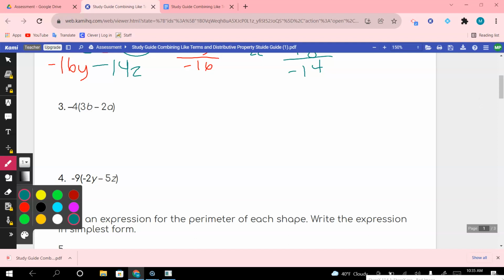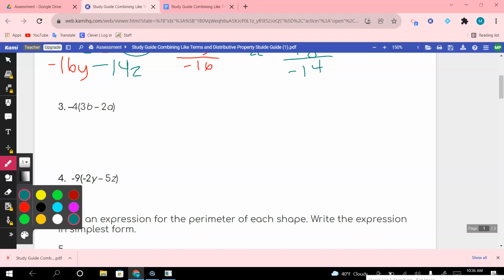Okay, number 3. I'm looking at the inside of the parentheses following the order of operations, and I cannot do 3b minus 2a because they are not like terms. However, I do have multiplication there with the parentheses. Because there are 2 terms on the inside of the parentheses, we're doing the distributive property. So we need to distribute, multiplying the number on the outside times everything on the inside.